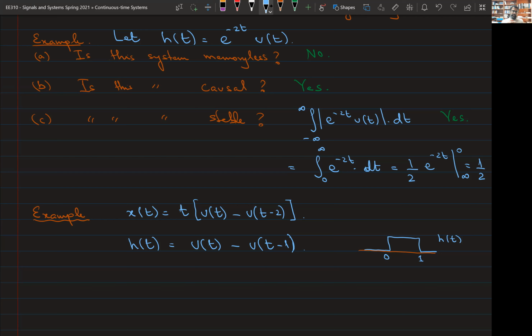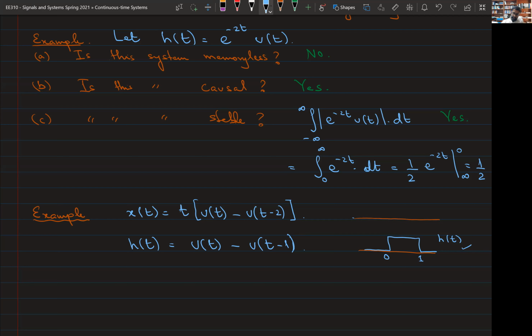Now, the problem statement was not this, by the way. The problem statement is to compute the output for this particular input. Now, there's a direct way you can do it, which would be, okay, you just consider this h of t like this, and x of t would be what? X of t, if I were to sketch this out, x of t would be a ramp, right?